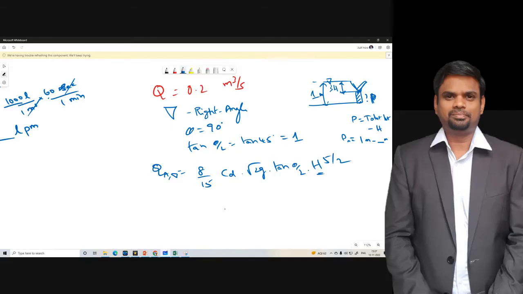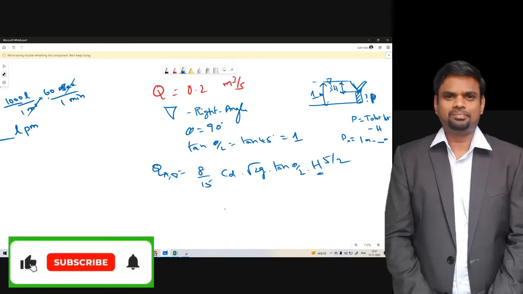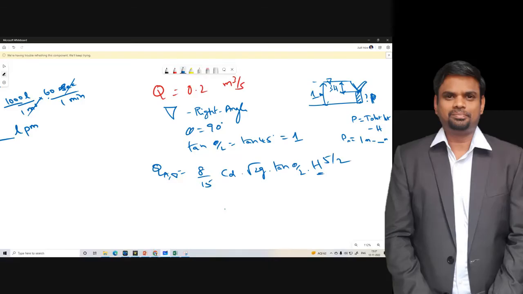How do we get the h value for a right angled triangular notch? We have this formula, so substitute the given data. We have 0.2 equal to 8 by 15 into Cd value 0.62 into square root of 2 into 9.81 into tan 45 is 1 into h power 5 by 2.